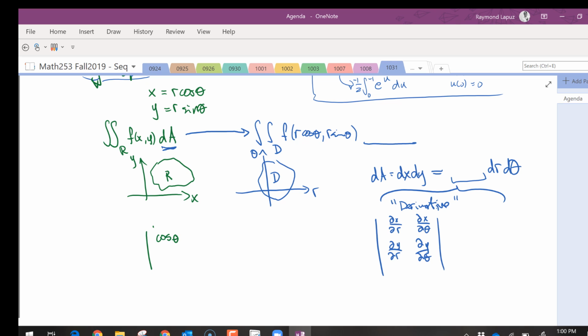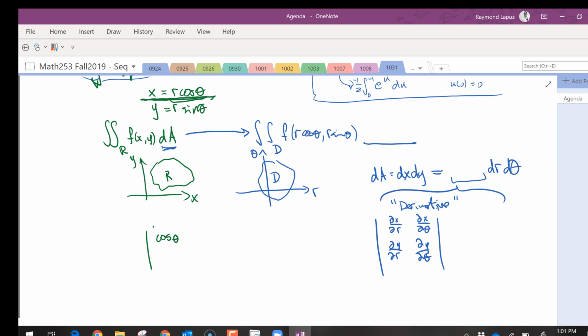What's the derivative of x with respect to theta? r is a constant. Are you guys with me? What's the derivative of x with respect to theta? Well, this is x right here, the derivative of x with respect to theta. Negative r sine theta, right?